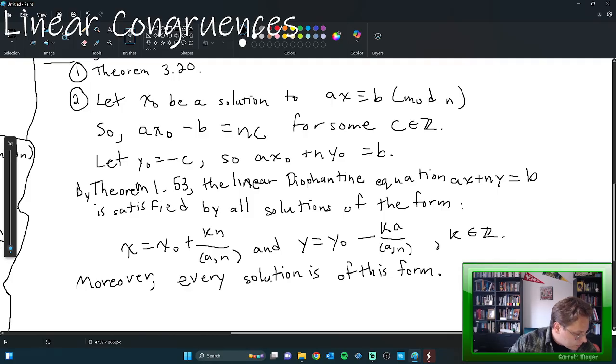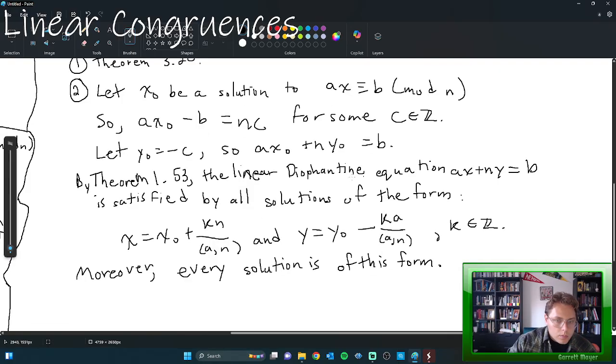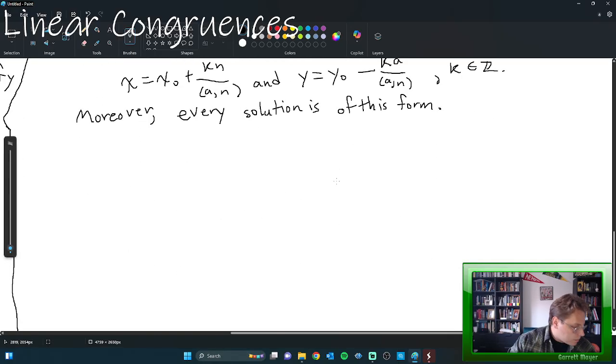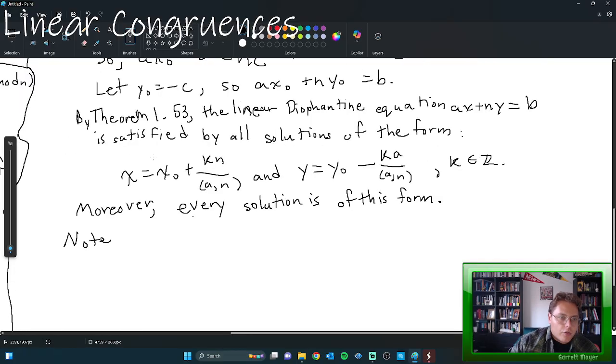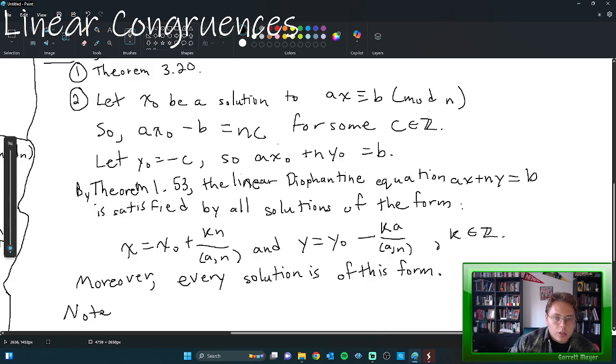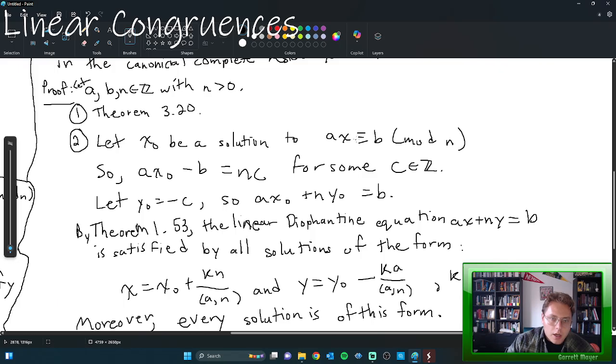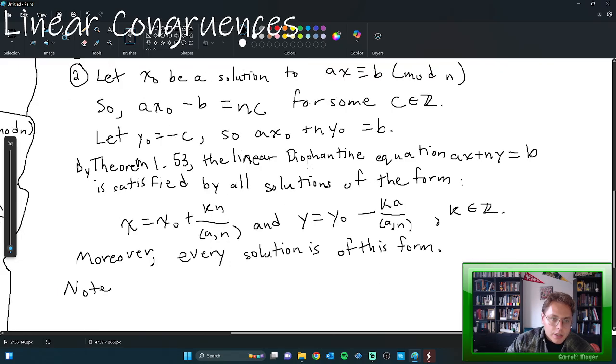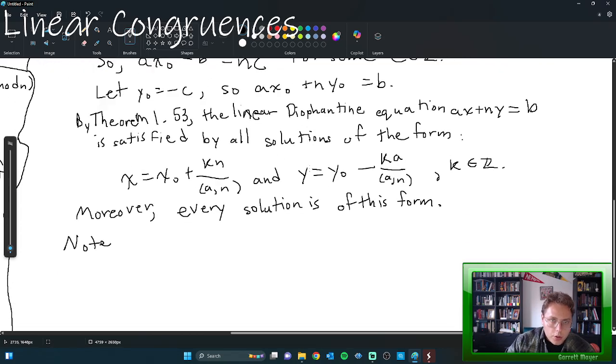Okay. So continuing on, we're going to note here, based on this logic from before, once we have a solution to this linear congruence, we're always able to generate a solution to this linear Diophantine equation. And same thing vice versa. Once we have this linear Diophantine equation, we're always able to generate a solution to this linear congruence. That's the logic that was used in our proof of theorem 3.19.